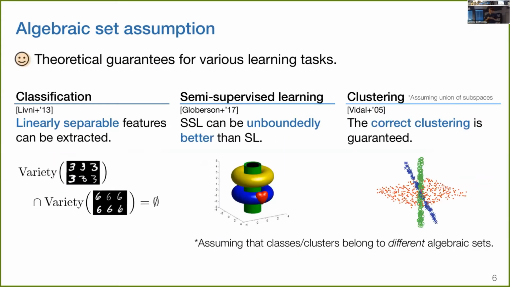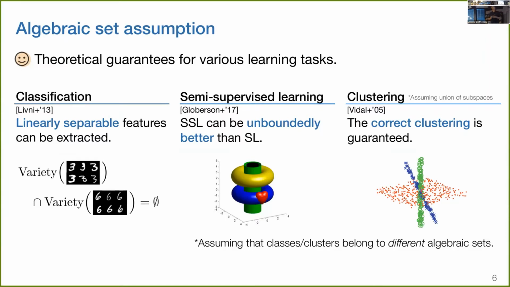I said there are many ways to do binary classification in machine learning, but the reason we want to calculate approximately vanishing polynomials is that if we consider polynomials, then we can resort to a strong assumption called the algebraic set assumption.